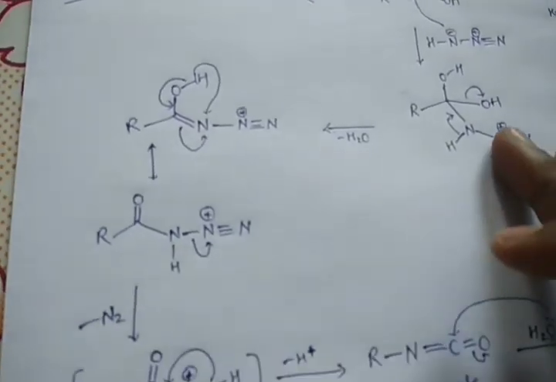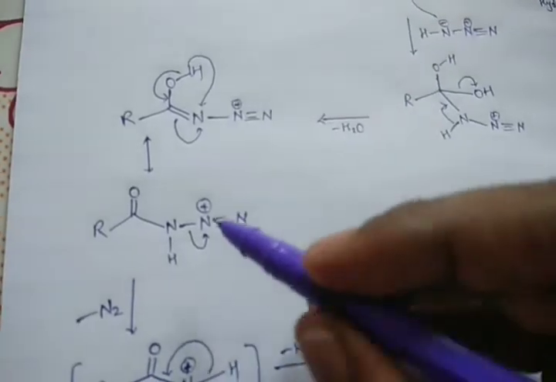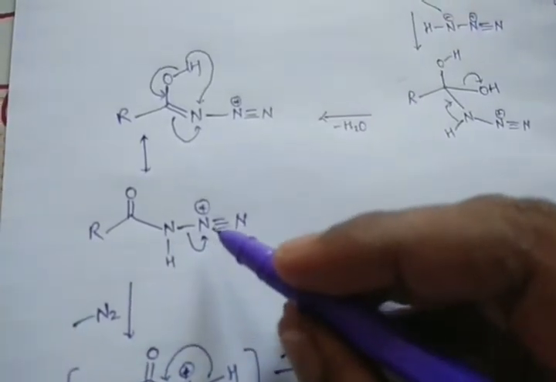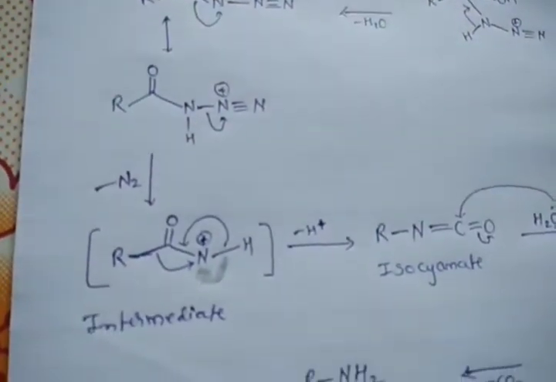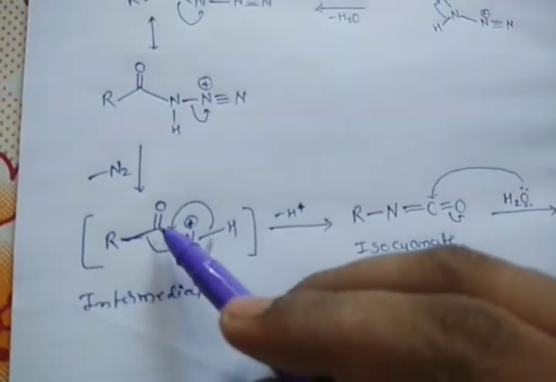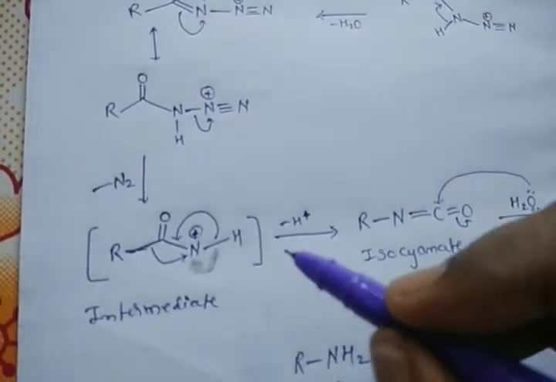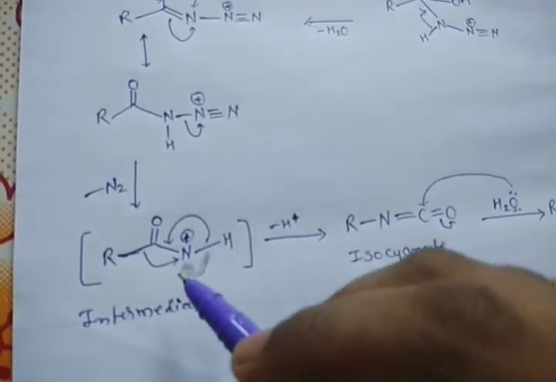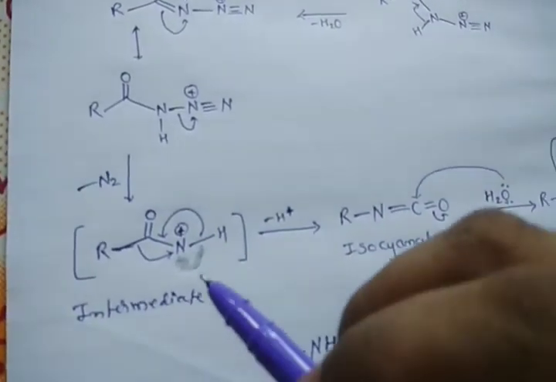Now from this intermediate, the N2 will be liberated, and we will have another intermediate, R C double bond O N plus H. Now from this intermediate deprotonation takes place, and rearrangement also takes place here only.